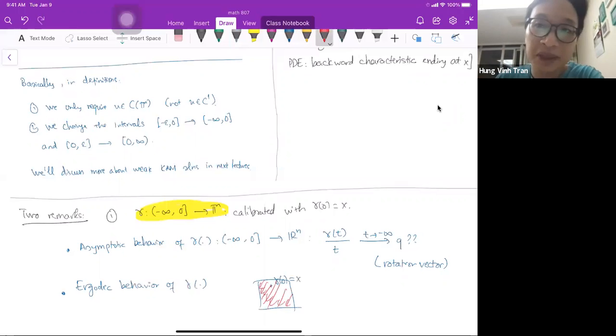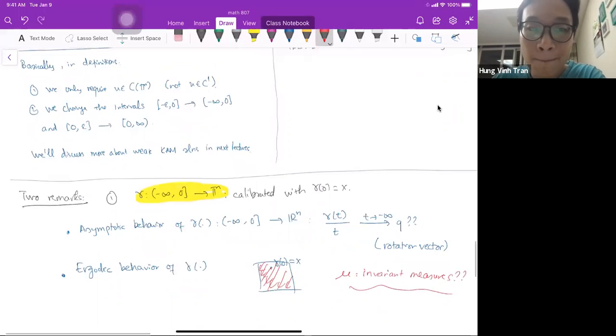Because it wraps around the torus, does it give you certain invariant measures and stuff like that? Just a heads up, we're going to dig deep into this one. That's rather remarkable.